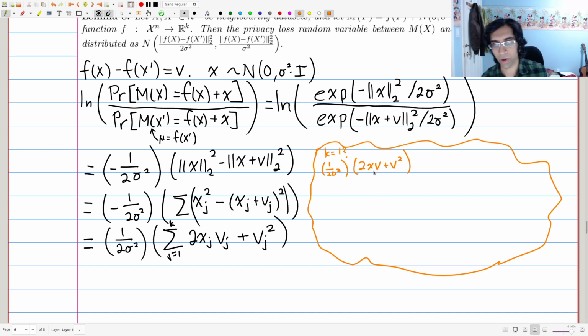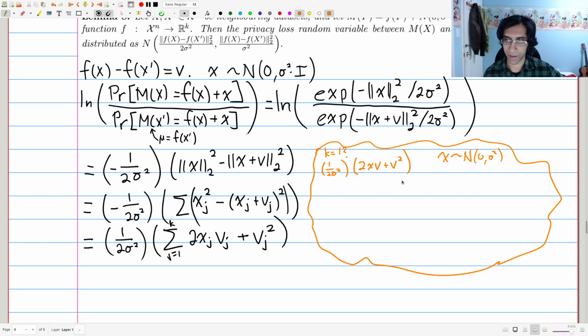Let's take a look at this. Recall that the only part of this that's actually random is this x here. x is distributed as N(0, sigma squared). Now what we have here is a random variable, and what is the mean of it?